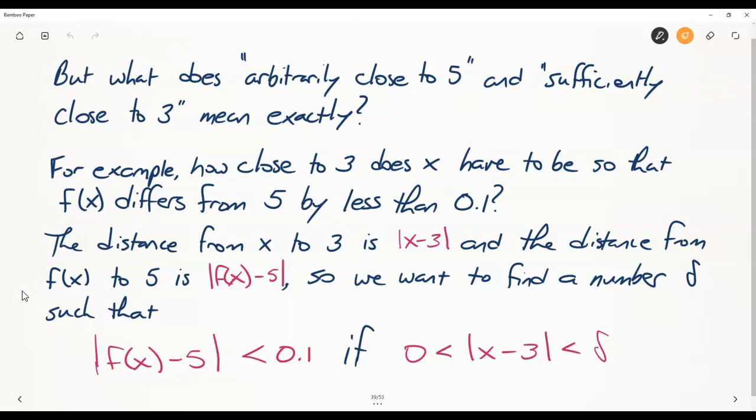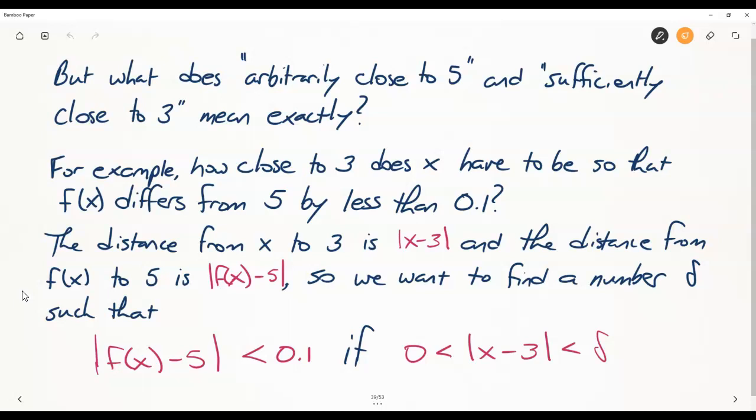That means that we need to find some number delta, and this is just the lowercase Greek letter delta, so that so long as the distance that x is away from 3 is less than delta, then this inequality will always be true.